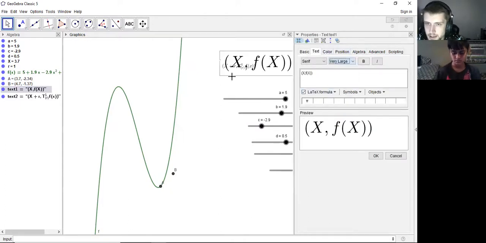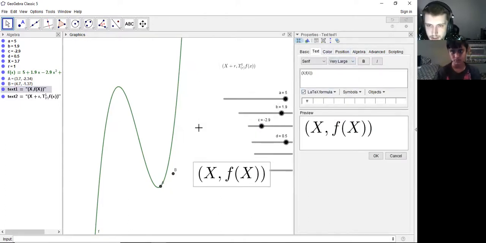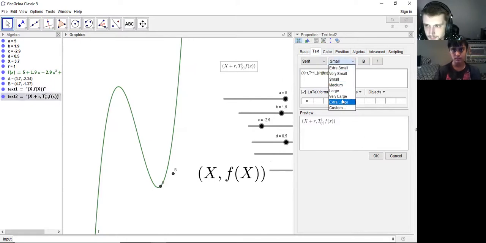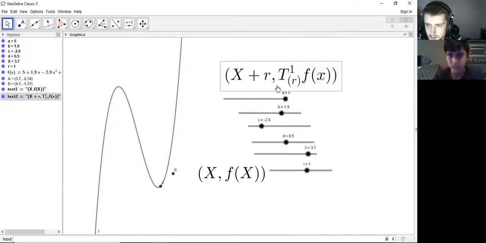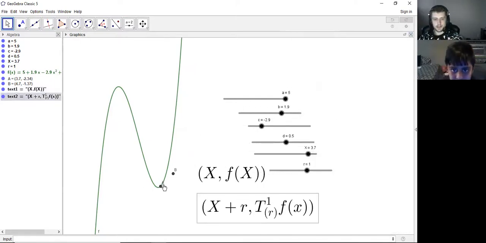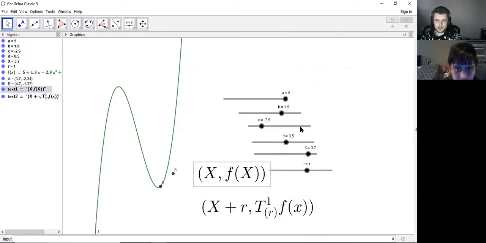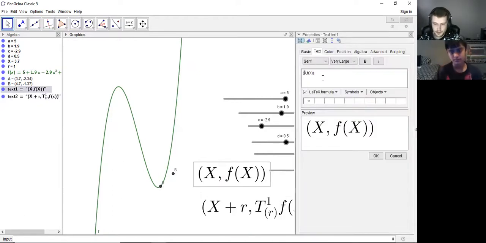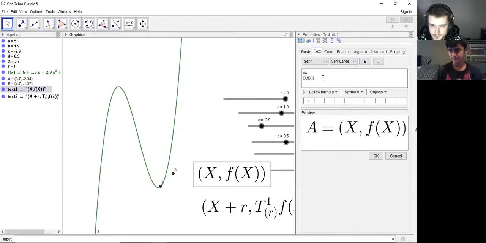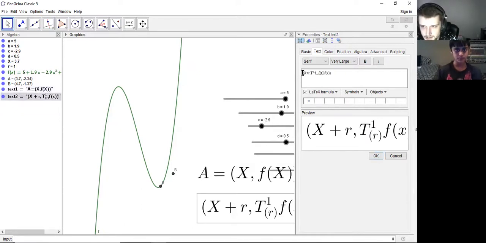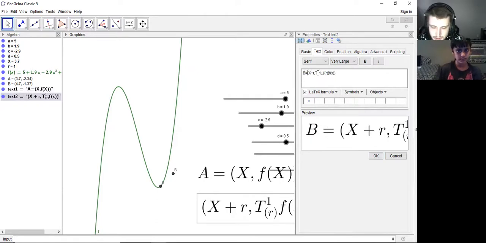There's a very important observation I want you to make here. Let's say this is point A, equal to this, and point B is equal to this, right? On our screen, can you see A and B?